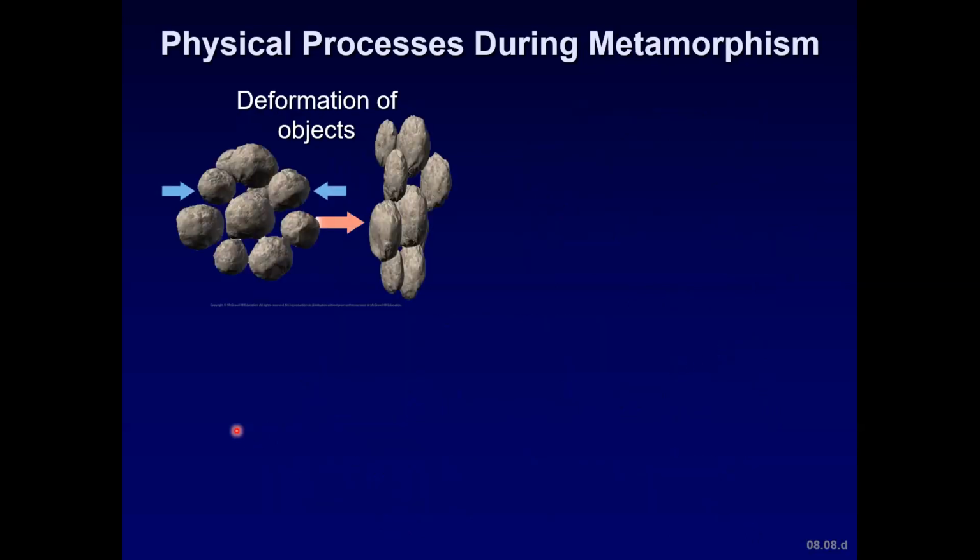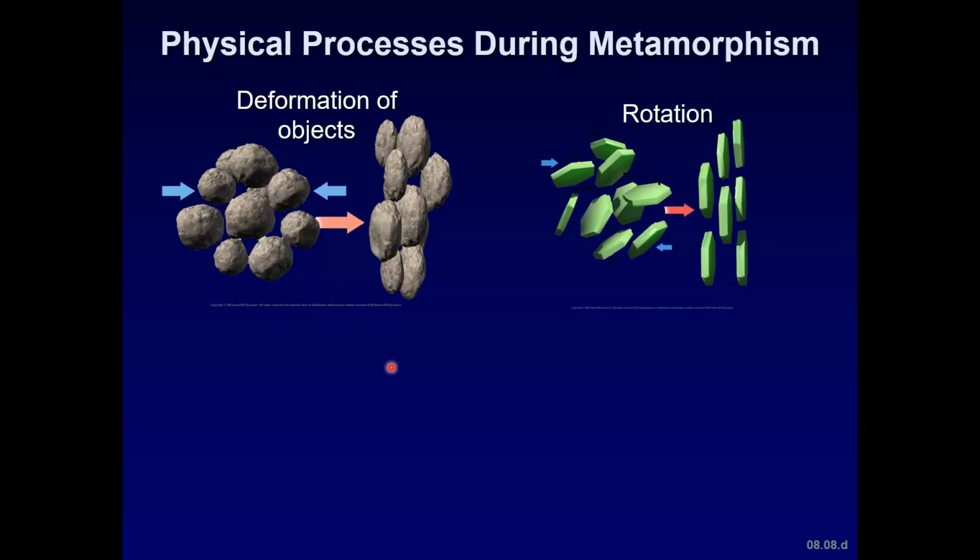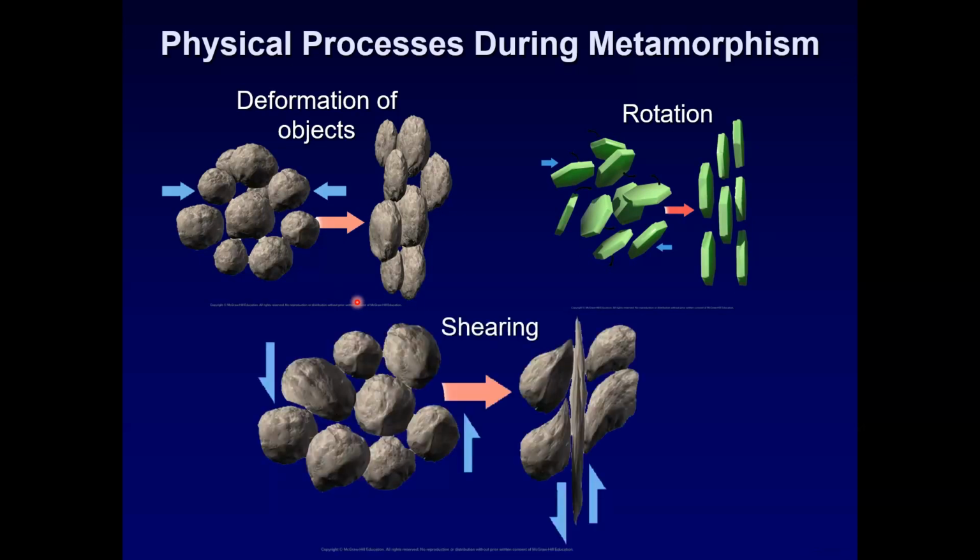All right, so those were chemical processes. Let's look at physical processes. You can have deformation of objects. That can flatten grains into pancake shapes or long, thin shapes. You can have rotation, so elongated and platy minerals can rotate so they become almost parallel to one another.